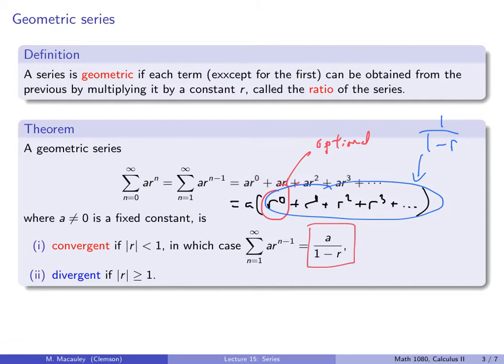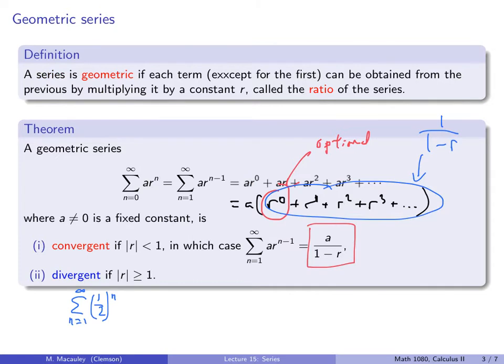And let's just compare to what we saw in the previous slide. We saw this series, I forget if we started at 0 or 1. Yeah, so the series that we saw, we started at n equals 1 up to infinity and did 1/2 to the n.